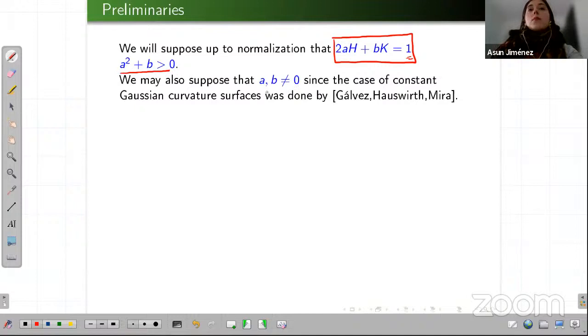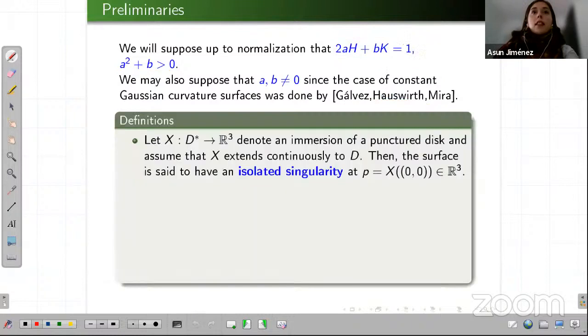Of course, you can suppose that A and B are different from 0, because when A equals 0, you are dealing with constant Gaussian curvature, and this has already been done in this paper. And when B equals 0, we are dealing with constant mean curvature surfaces, and isolated singularities are removable in that case. So A and B are different from 0 for us.